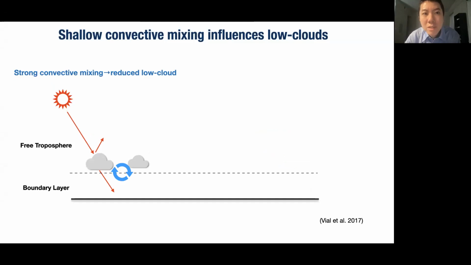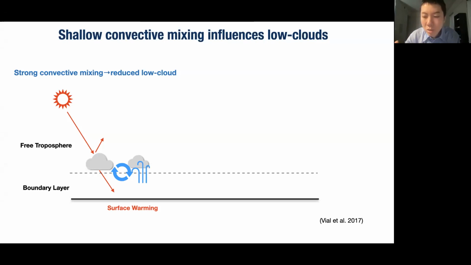So how does the shallow convective mixing influence low clouds? One prevalent hypothesis based on global climate models suggests that strong convective mixing will lead to reduced low clouds. So in the surface warming scenario, we will have more convective mixing.